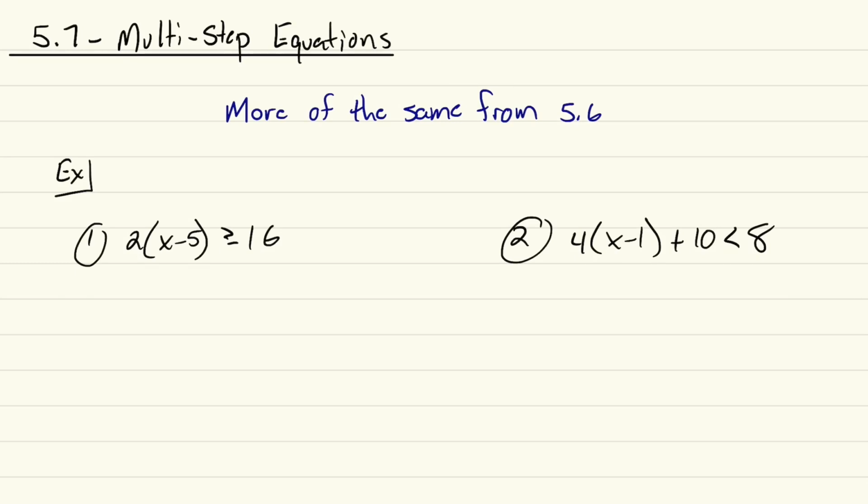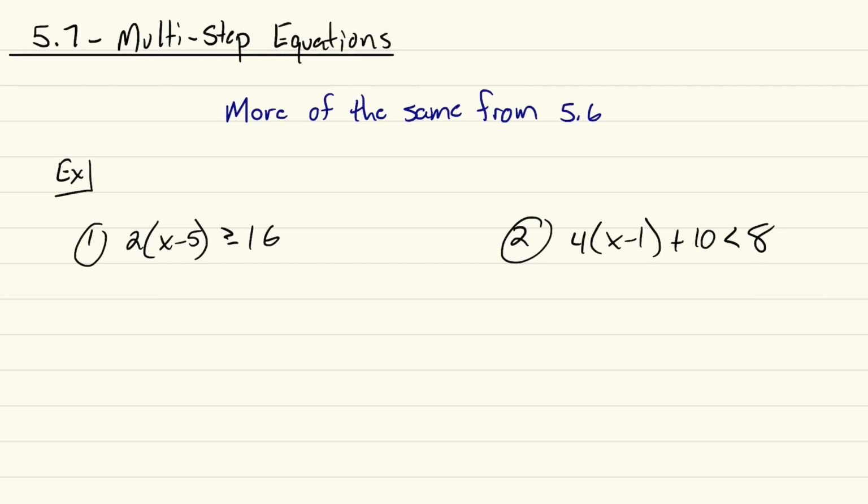All right, so step number 1 is to simplify any type of expression that we can simplify. We want things as straightforward as we can get before we start trying to cancel things out. So if I look, I have 2 times x minus 5 in parentheses is greater than or equal to 16.